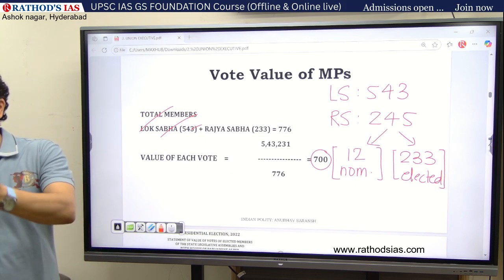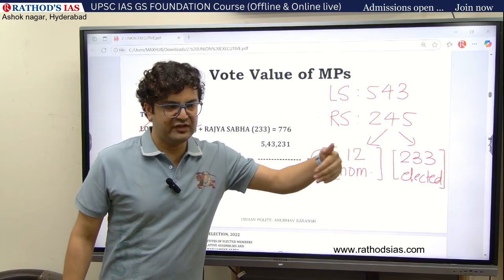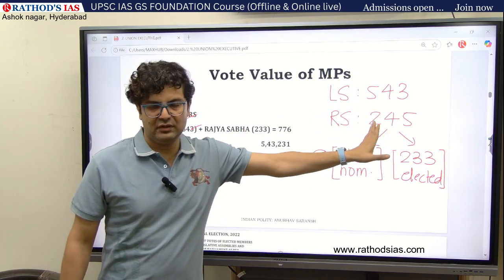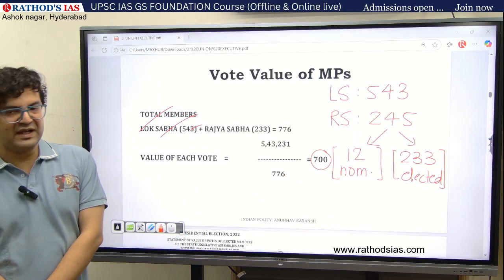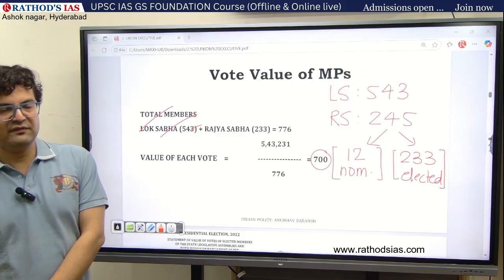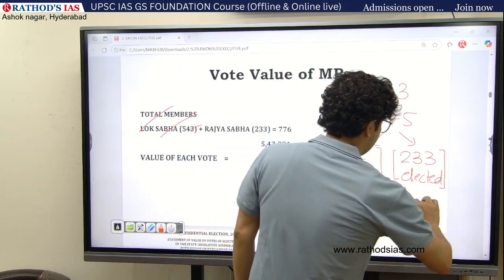And beside 776, please mention this also, on one corner towards the right side, on a side note: Lok Sabha 543, Rajya Sabha 245, of which 12 are nominated. You can make a cross here and you make a tick here.